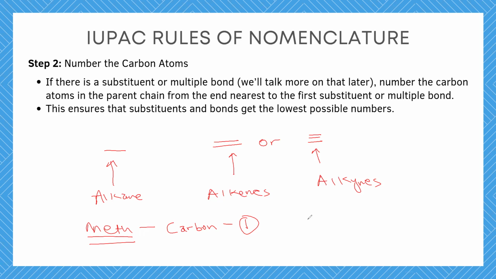Good. When there are two carbon atoms, we use the name eth. Good. Regardless of whether it has a double bond, a triple bond, or a single bond, we use the name eth as far as it has two carbon atoms.